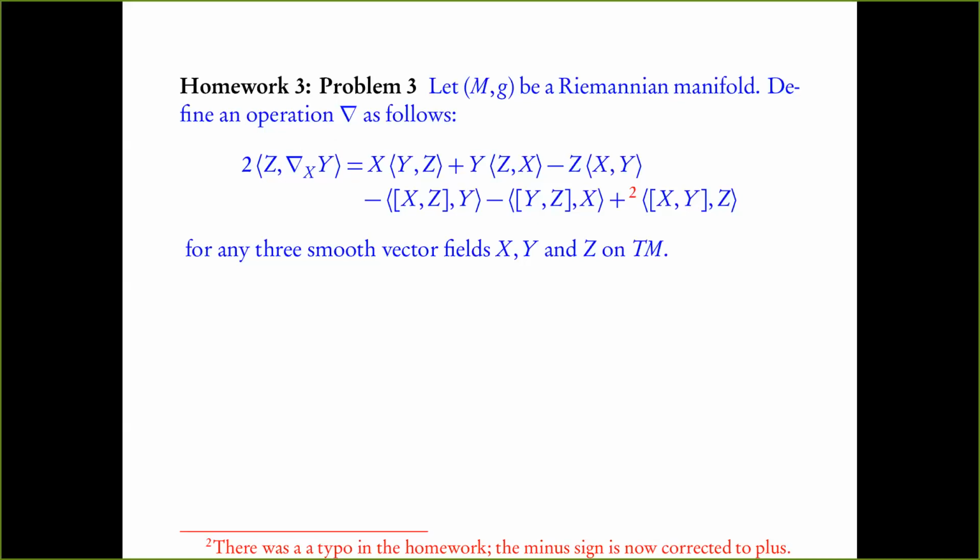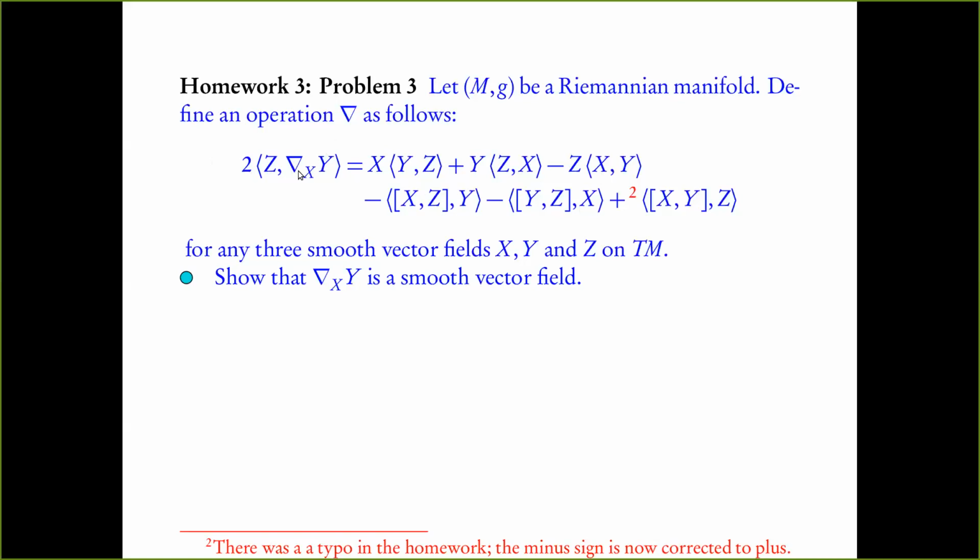So if you know this for all possible Z's, then you know the value of this, because you can evaluate it simply on a basis. That's essentially the reason why this is smooth, and also partly why this is a vector field, because the calculations work out. The left-hand side is an inner product with Z, the right-hand side is smooth, and the metric is invertible, so that determines nabla_X Y uniquely, and it's smooth because everything else is smooth.